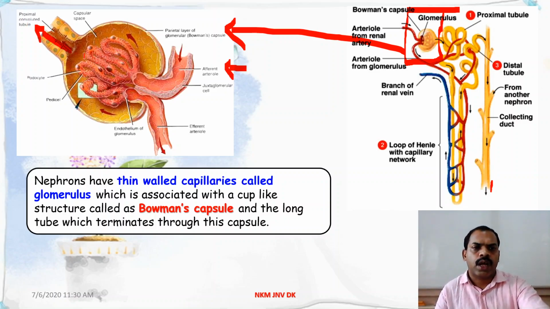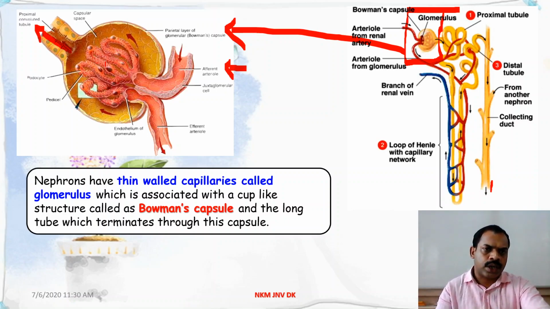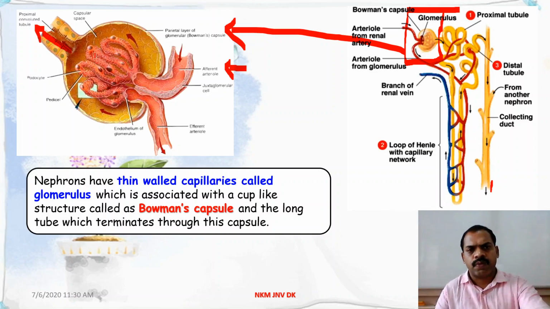Almost everything except the bigger proteins and RBC, all the remaining content of the blood, the liquid content, to an extent the smaller proteins and nucleic acids, glucose, minerals, urea, metabolic waste, everything will be filtered over here, and that filtrate will pass through these tubes.